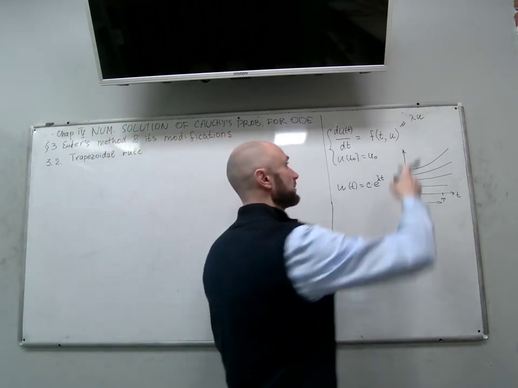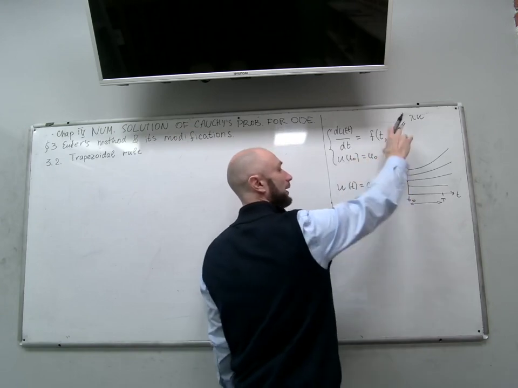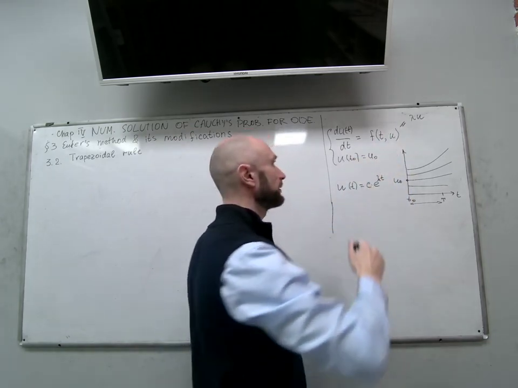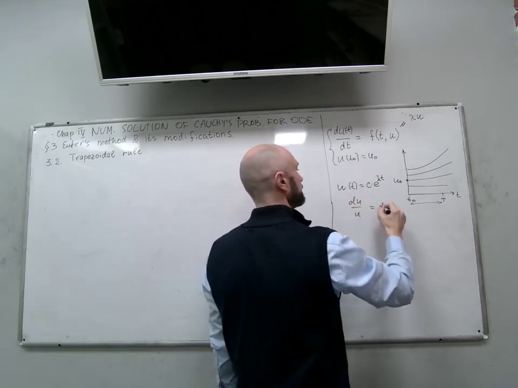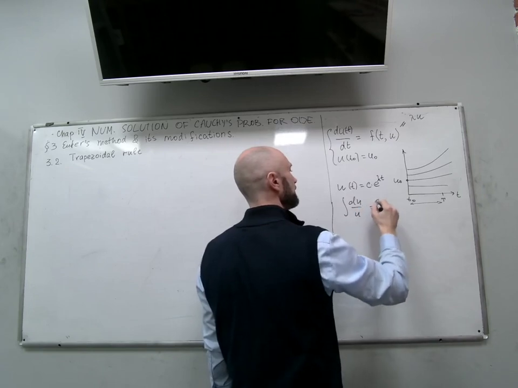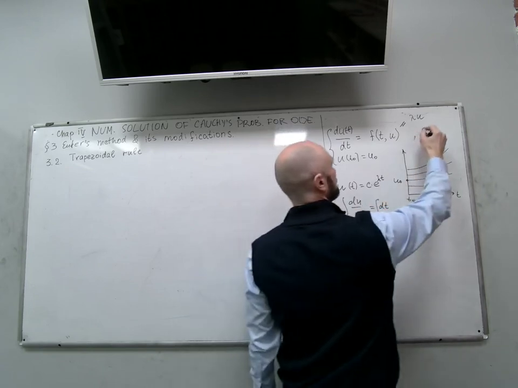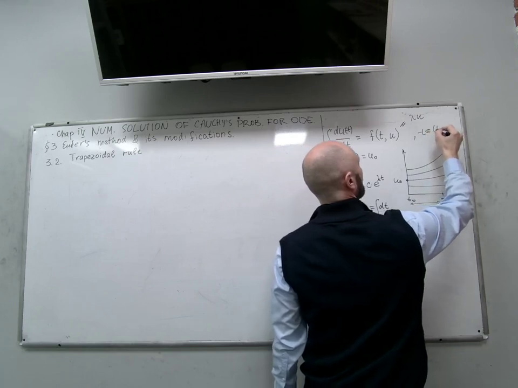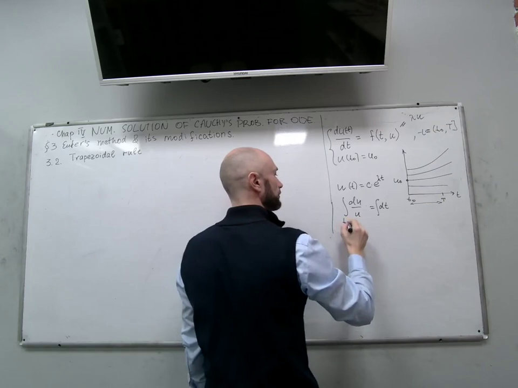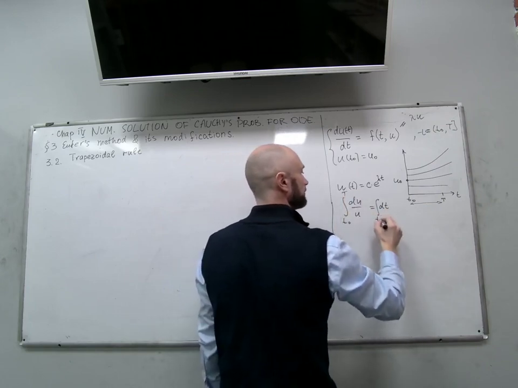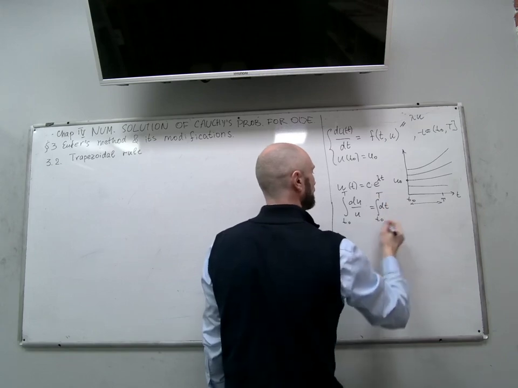So you can separate unknown and known functions and then integrate. So du by u is equal to lambda dt, and then you integrate over the interval of interest. Okay, good. At least this part is familiar.